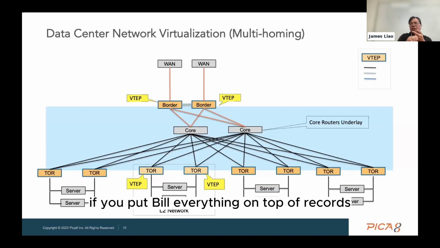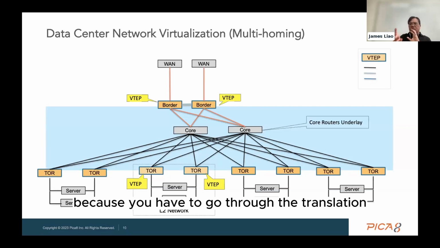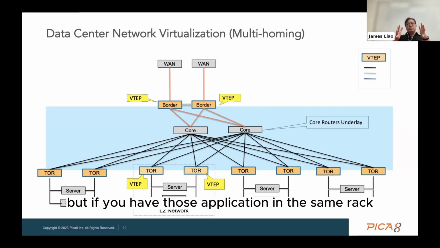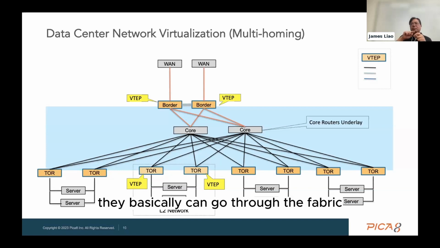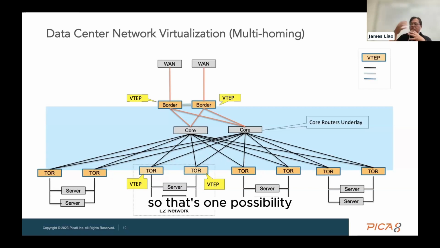If you build everything on top of rack with multi-homing, then latency will be impacted because you have to go through the translation of layer 2 to layer 3 and eventually back to layer 2. But if you have those applications in the same rack sharing the same layer 2, they can basically go through the fabric to find each other without going through multiple hops. So that's one possibility.